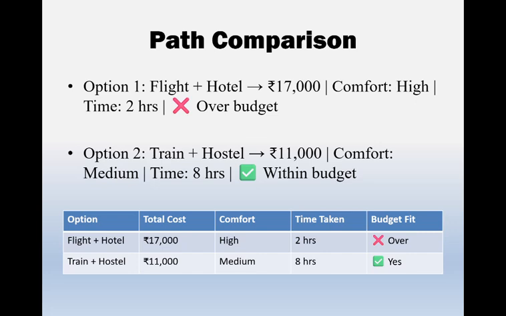Whereas in option 2, the comfort is medium, but it is the minimum budget. Option 1 will take less time compared to the second option. So by exploring two reasoning paths, we see that the train plus hostel plan is more practical for this budget. If we had only checked flights, we might have assumed the trip was unaffordable.